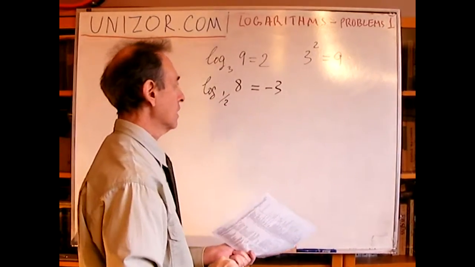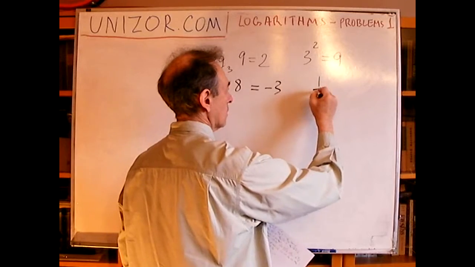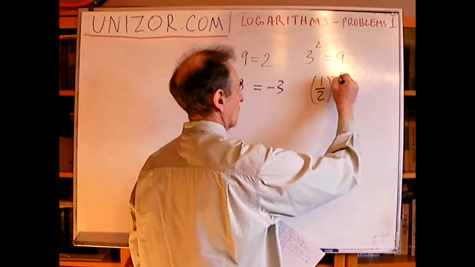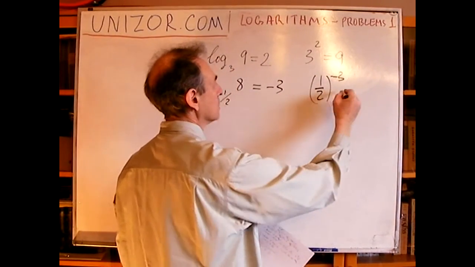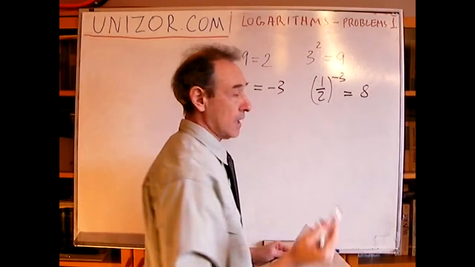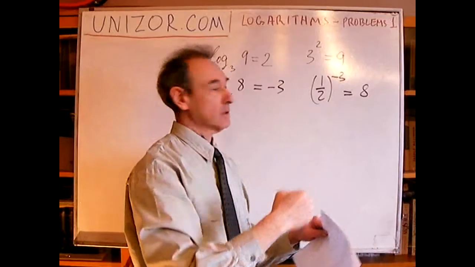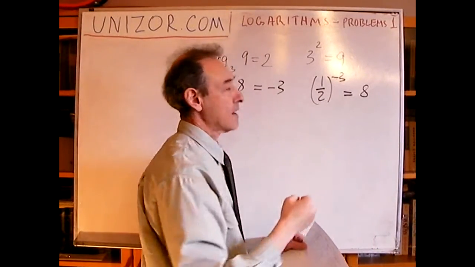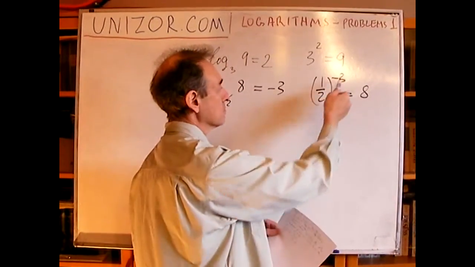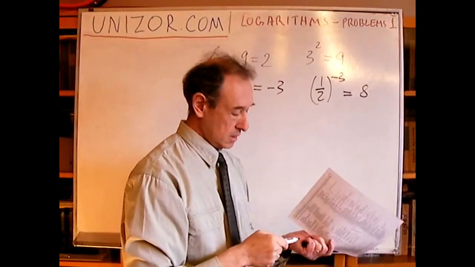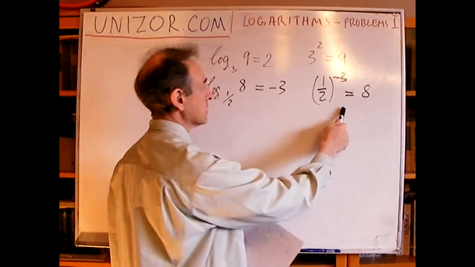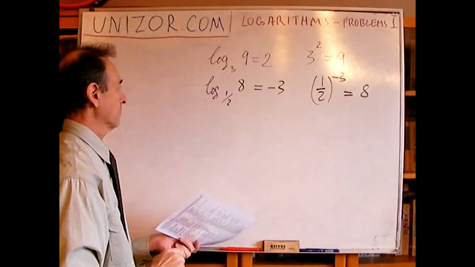Is it true that 1/2 to the power of minus 3 will give me 8? Well, obviously it is true, because minus means we have to reverse the 1/2 into 2, and 2 to the power of 3 would be 8. So this is equivalent to this.